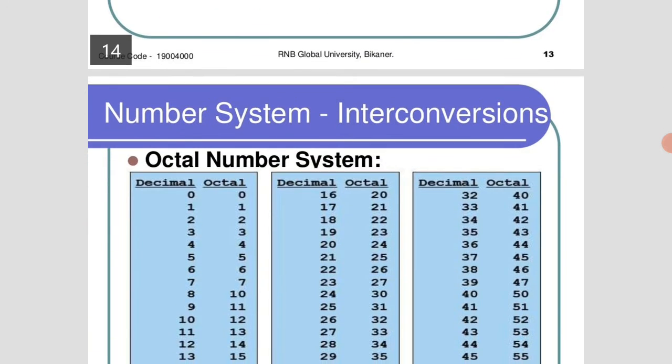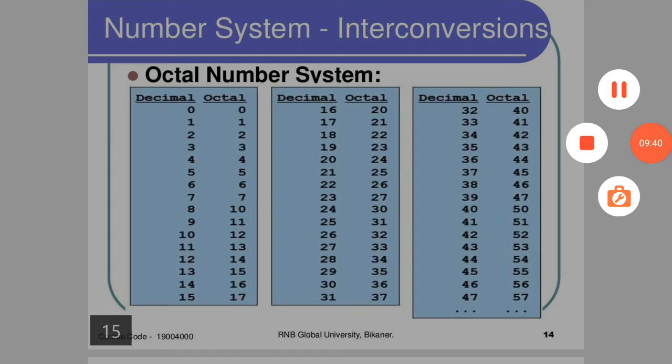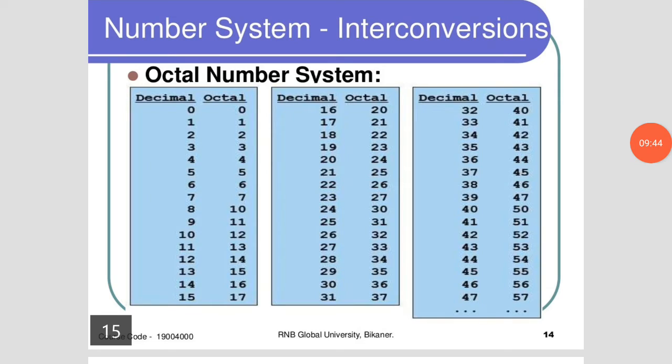After that, the number system and interconversion we see in a short note. Decimal 0 is octal 0, then 1 is 1, 2 is 2, 3 is 3.